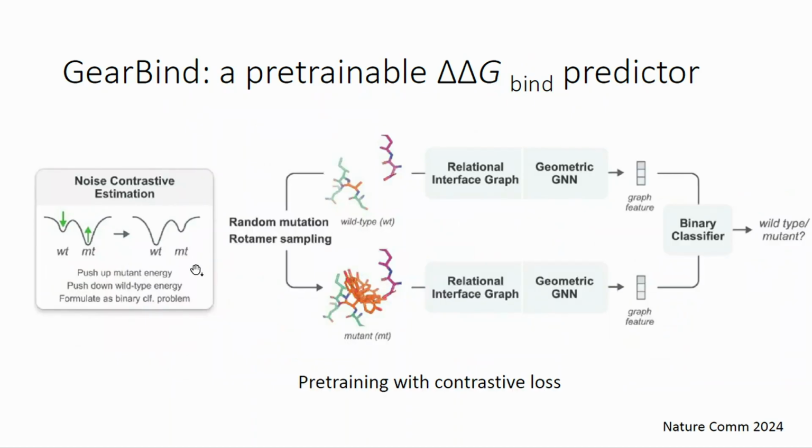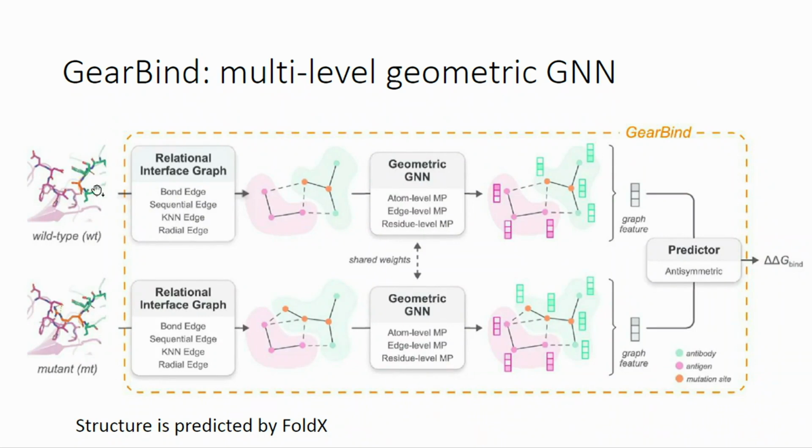And one such model is called GearBind, from Mila, which just came out this year as well. They introduced this pre-trainable geometric graph neural network, which takes a pair of wild type and mutant.